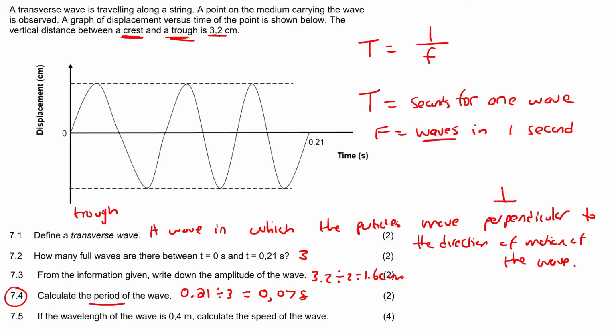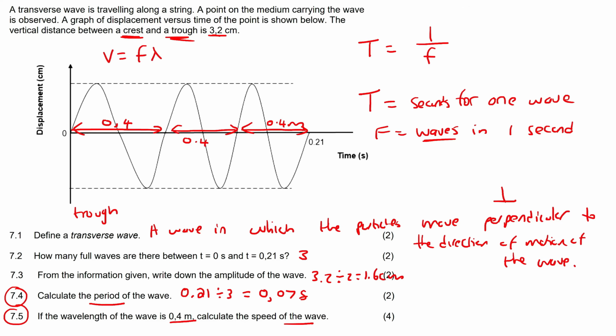This one says, if the wavelength is 0.4, remember wavelength is this distance over here. It is literally the distance of one wave. So then this would also be 0.4 because that's also a wave. And then this would also be 0.4 because it's one wave. Okay, so if the wavelength is that, calculate the speed. Now we know that there's this formula that we use, V equals F times wavelength.